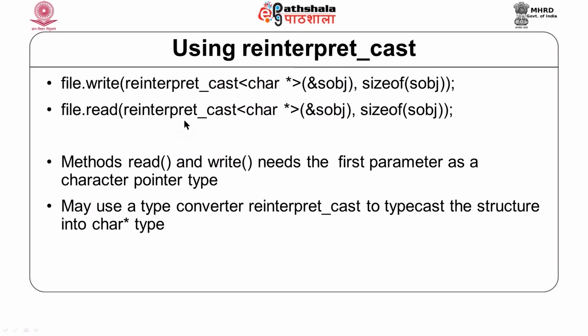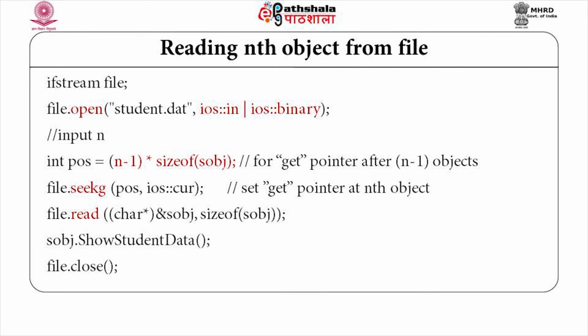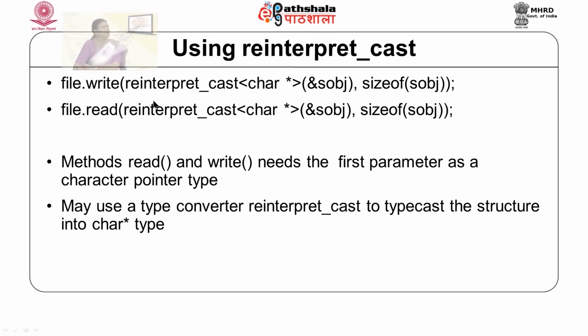Sometimes while converting into char star, we have in our examples used just a char star typecast. One may also use reinterpret_cast to do the conversion. Irrespective of what type of objects they are, they are always to be converted into the pointer char star when we say like this.